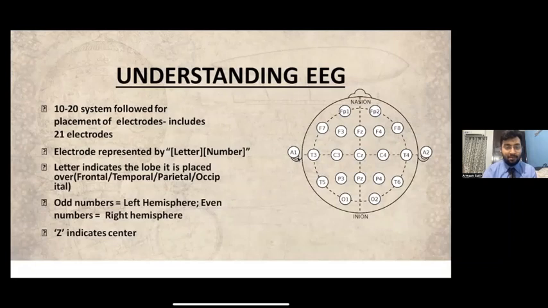An electrode is represented by a letter and a number. The letter indicates the lobe it is placed over, say the frontal, temporal, parietal, or occipital, and the odd numbers represent the left hemisphere, while the even numbers represent the right hemisphere. So C3 is the central electrode representing the left hemisphere. The Z indicates the center.